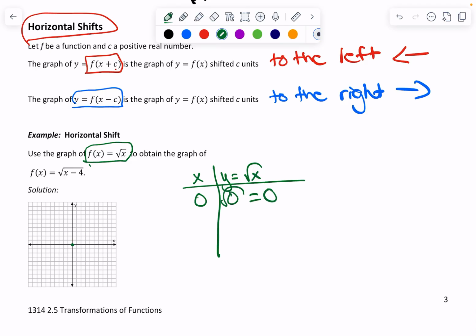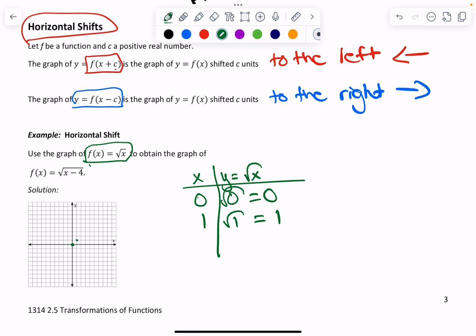So it's right here. And remember, it's going to be positive numbers because we can't have a negative square root. So x is 1, y is going to be the square root of 1, which is 1. So 1, 1.